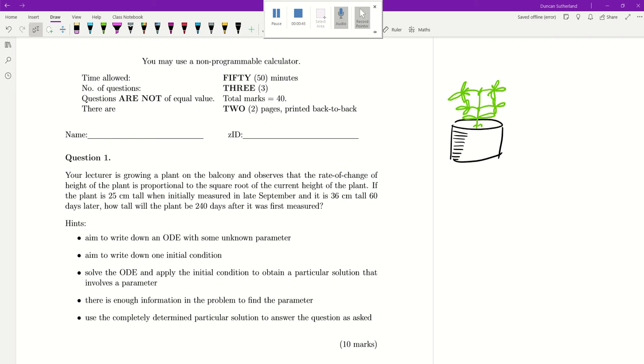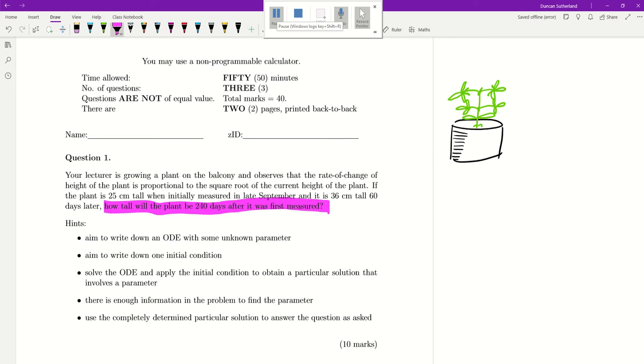All right, so this problem's a bit of a nuisance because we're actually asked how tall will the plant be, right? So we've got to write down an ODE. We've got to solve that ODE. We've got to find the constant of integration based on the initial condition.